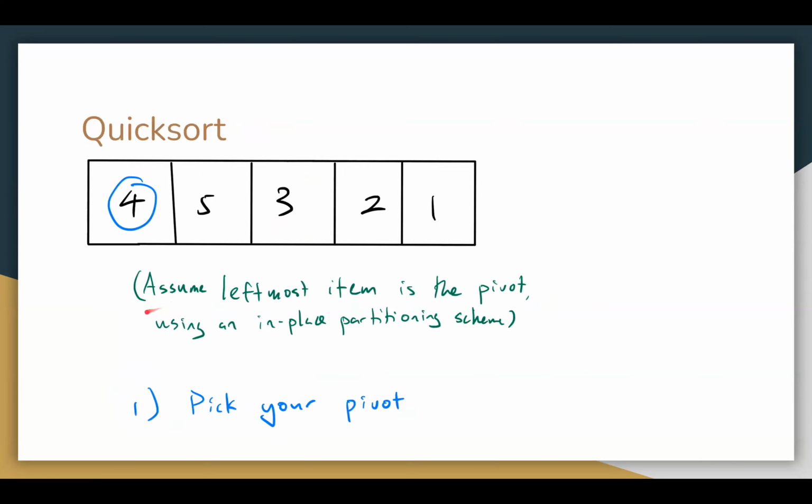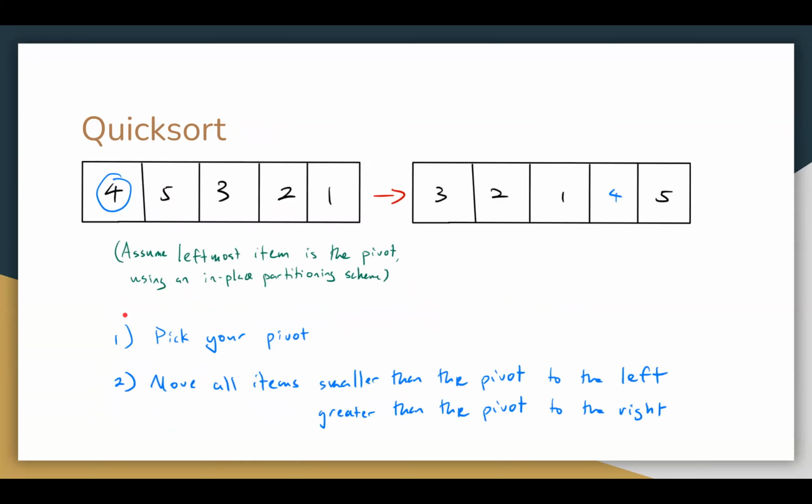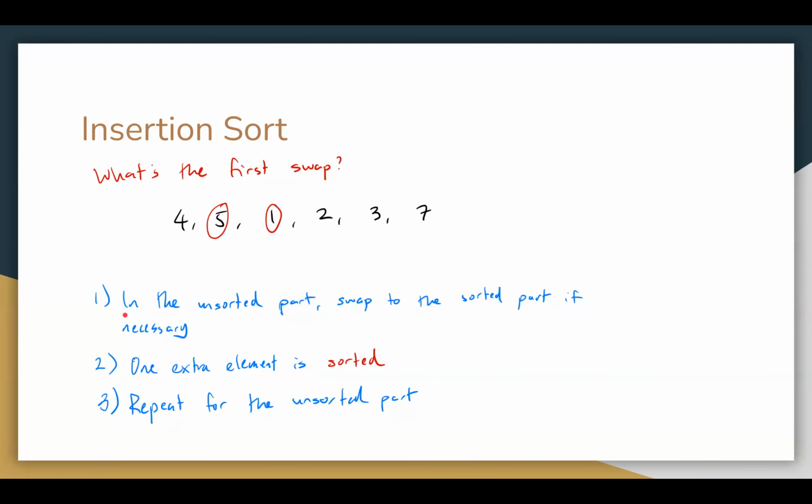Sorry, so it would swap the location of 5 and 1 first. So it would be 4, 1, 5, 2, 3, 7. And then since 1 is still smaller than 4, it will swap the location of 4 and 1. So at the end, it will be 1, 4, 5, 2, 3, 7. Any questions here?